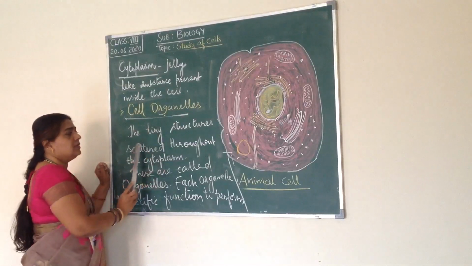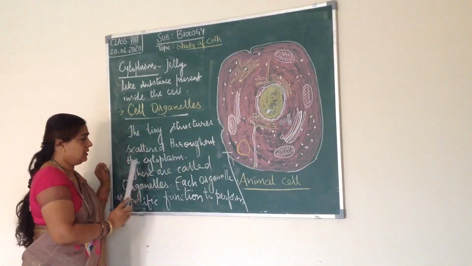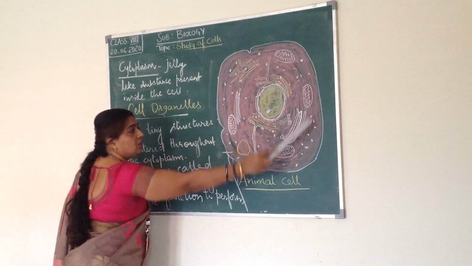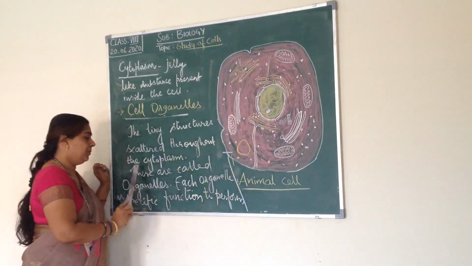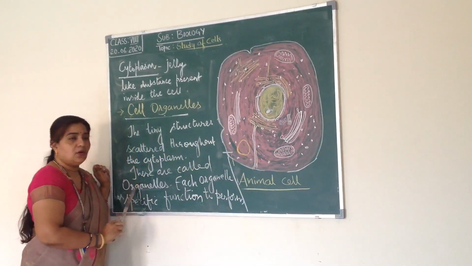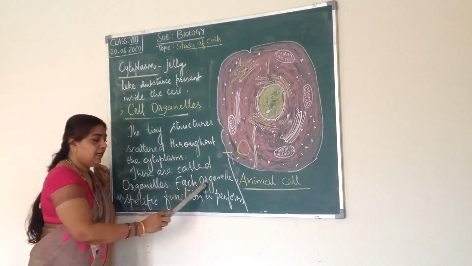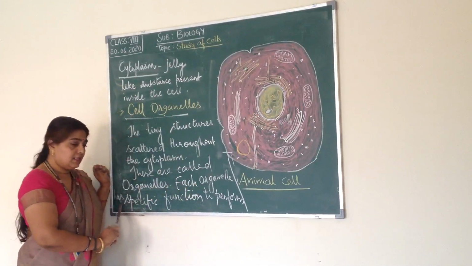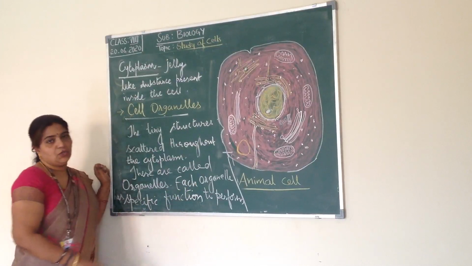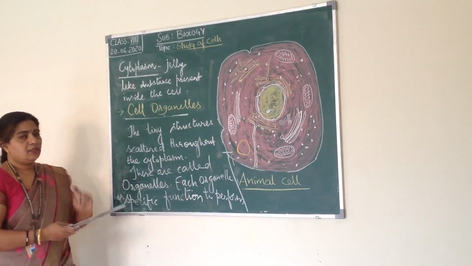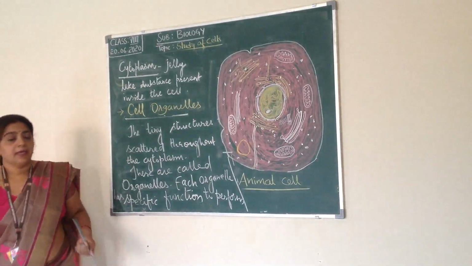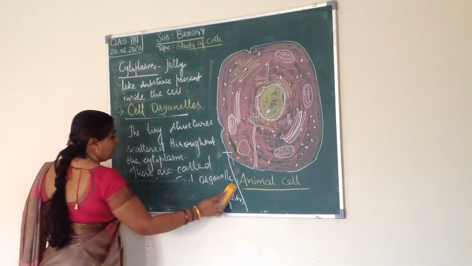So cell organelles are the tiny structures scattered throughout the cytoplasm, and each organelle has a specific function to perform. So let us learn the different types of cell organelles.